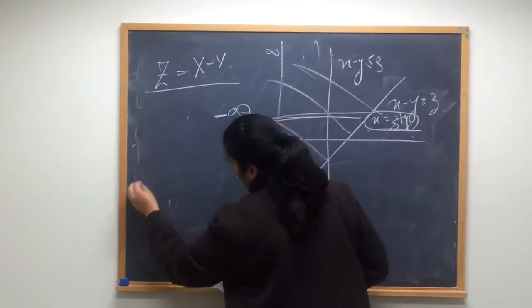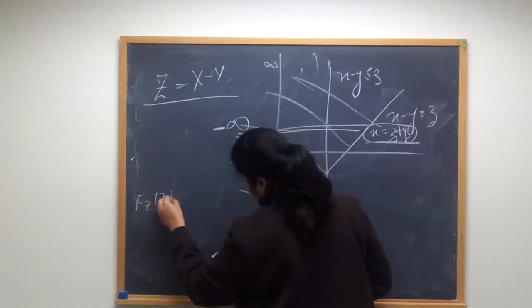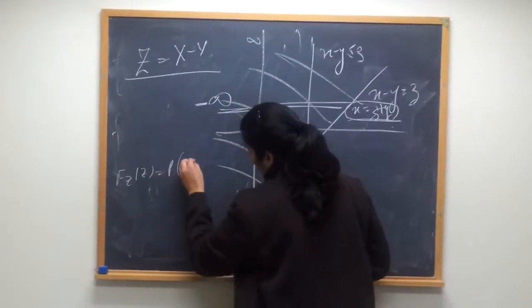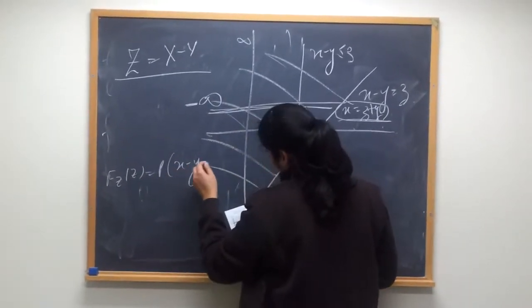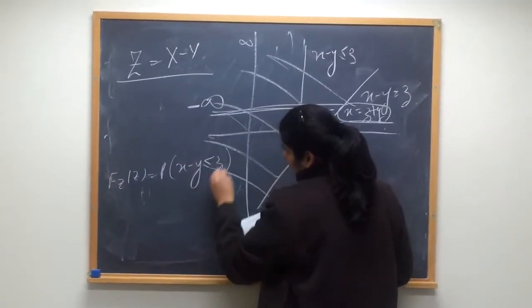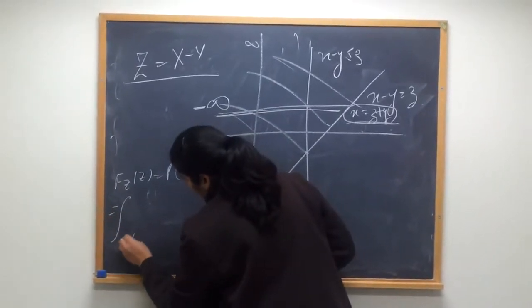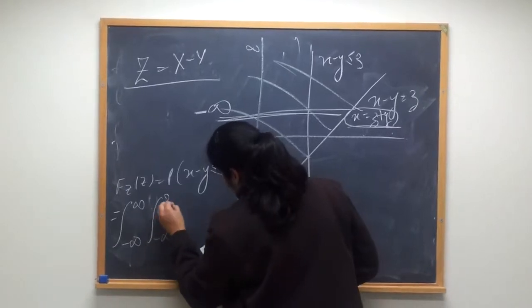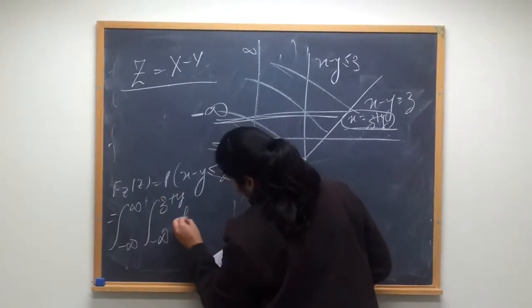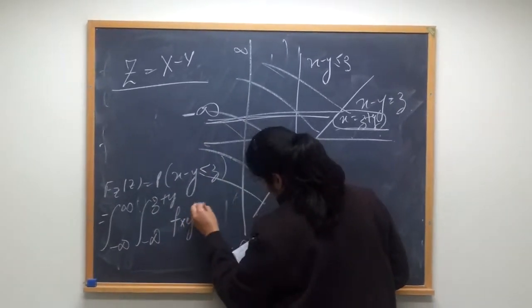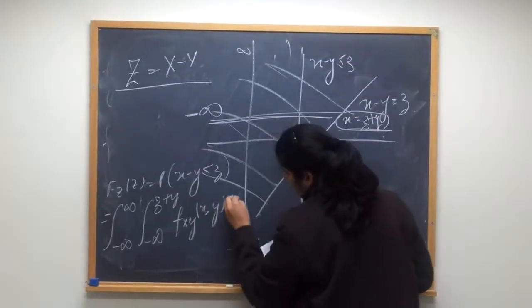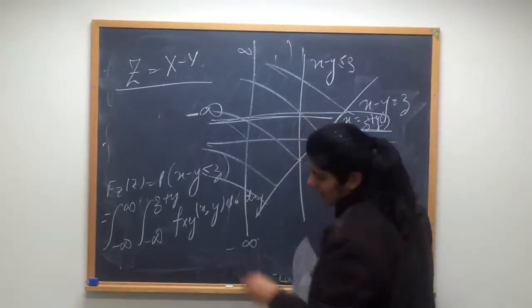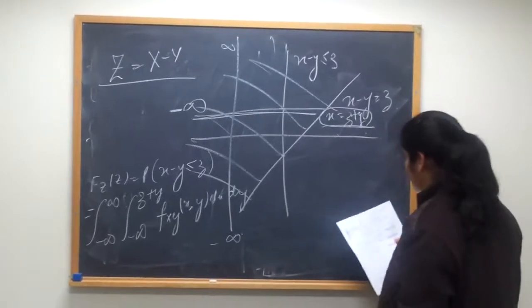Again, F_Z(z) would be the probability that x minus y is less than or equal to z. We have got the limits: minus infinity to infinity, and minus infinity to z plus y, with f_XY(x, y) dx dy. Again here we'll apply Leibniz rule.